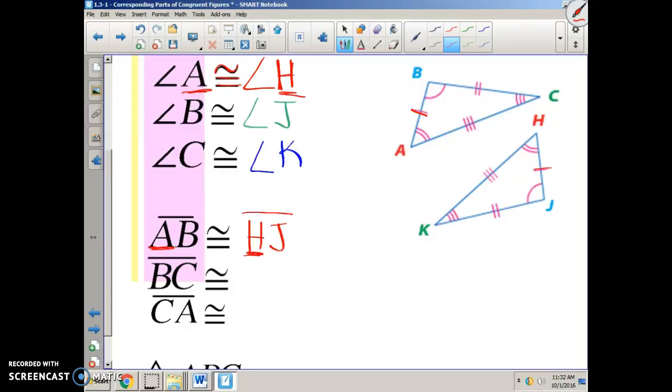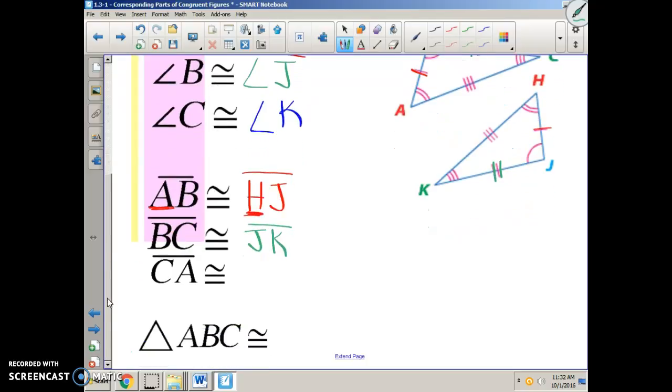And you should pay attention to the order. BC has 2 tat marks in it, which matches with JK. And notice I'm putting the line over it to show that it's a segment. You should do that as well to be accurate.